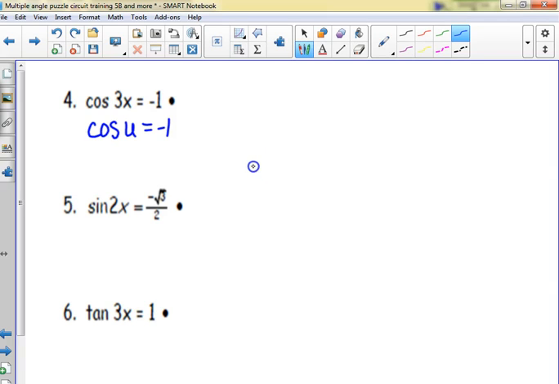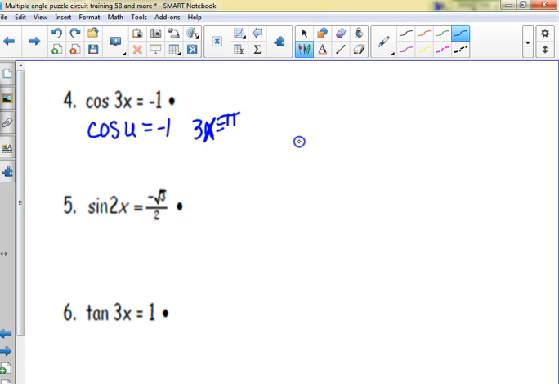You look at your unit circle, and you tell me that is true. Exactly 1 place, at pi, true? That the only place cosine is negative 1? Okay. So then you say 3x is equal to pi.